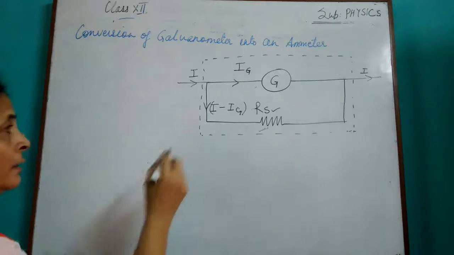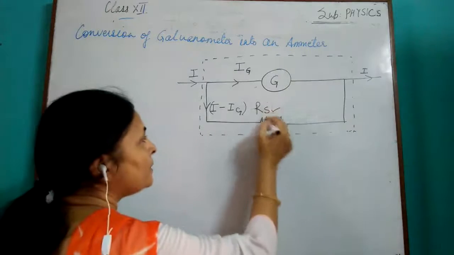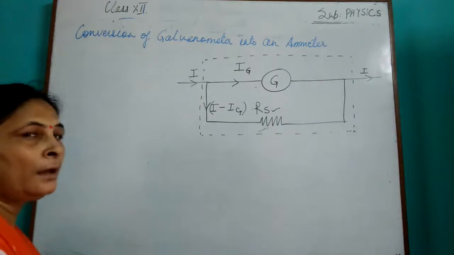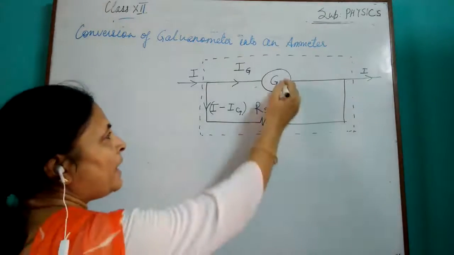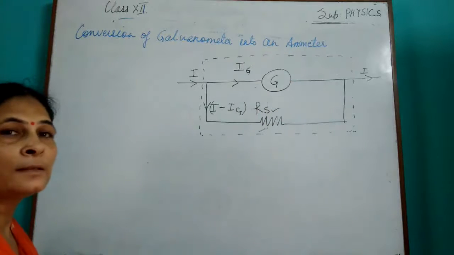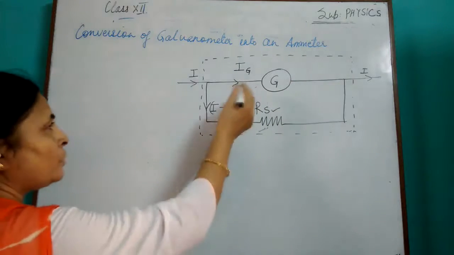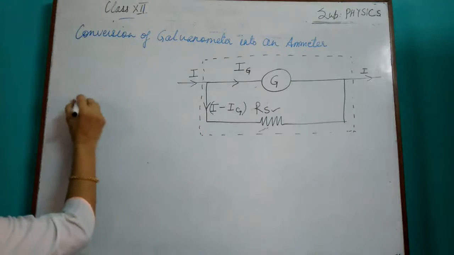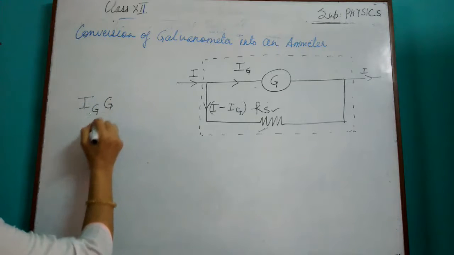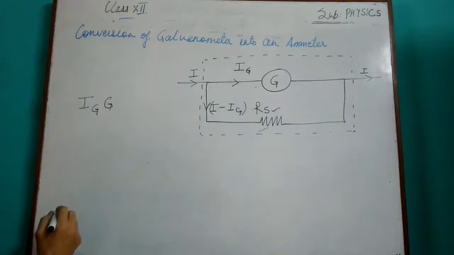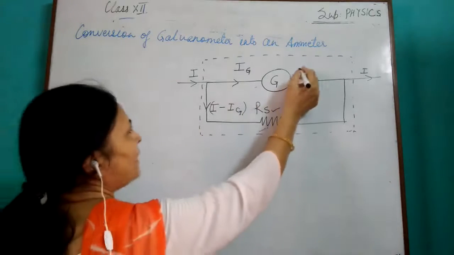Now we have to find out how much resistance is to be connected. That you can do from here itself. See, in parallel the voltage remains the same. This we already know. So Ig into G, if I take the resistance of the galvanometer as G only, you can take it as Rg also.